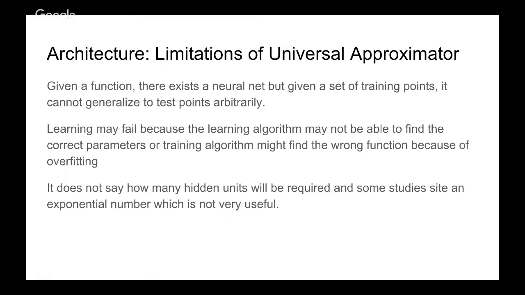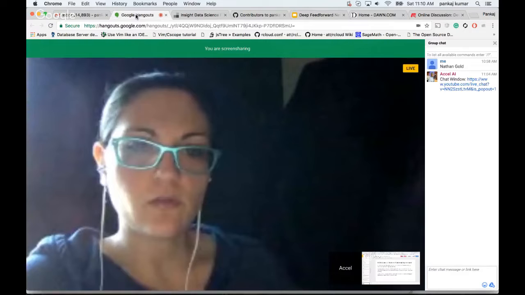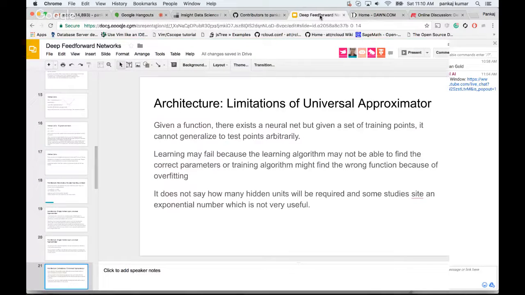Do you know, Pankaj, of any examples in the real world where there would be limitations with using that many hidden units or hidden layers in the neural network? In the real world, I don't know, but the book does cite that some problems require an exponential number of hidden units.